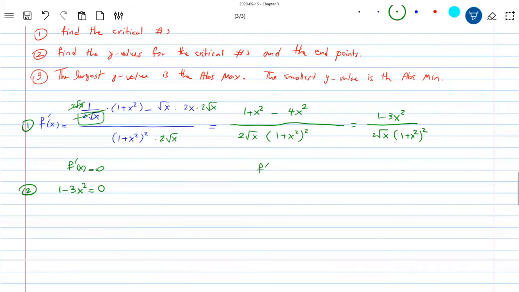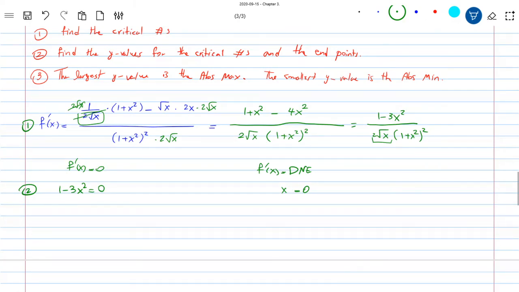Or where the derivative does not exist is when the denominator equals 0. But the denominator is only 0 in this term, because 1 plus x squared is always a positive number. You'll have no solution for 1 plus x squared. So it happens only when square root of x equals 0, or simply x equals 0.